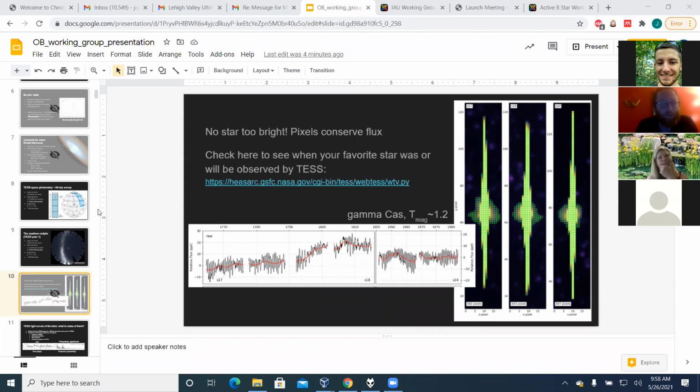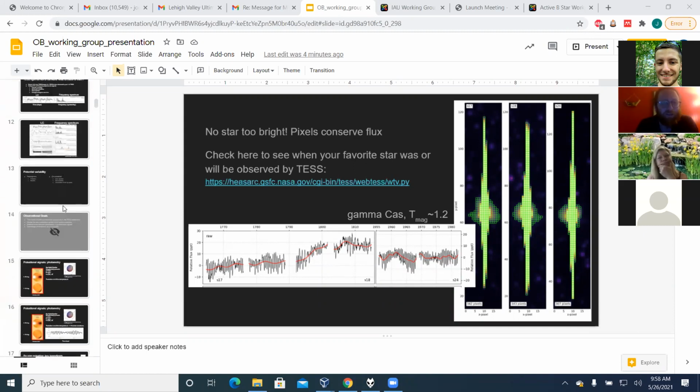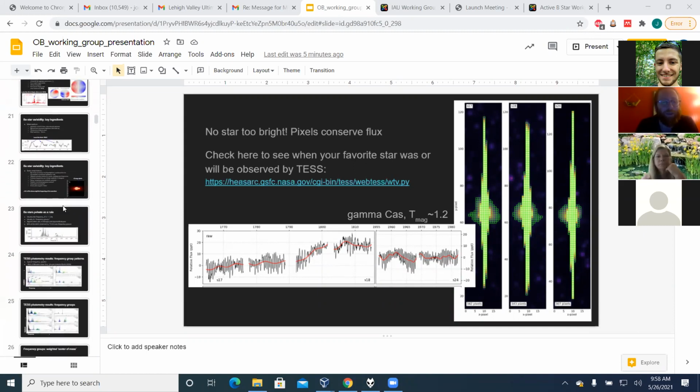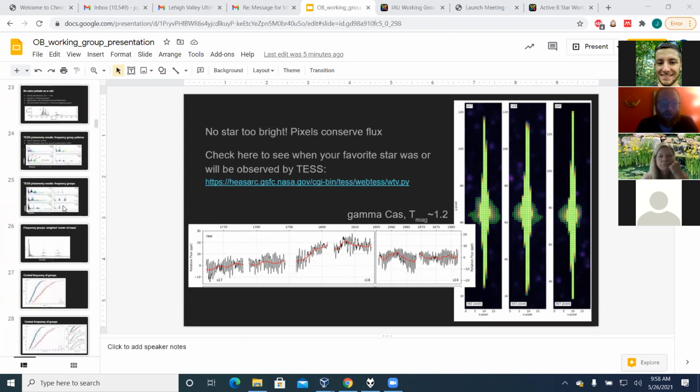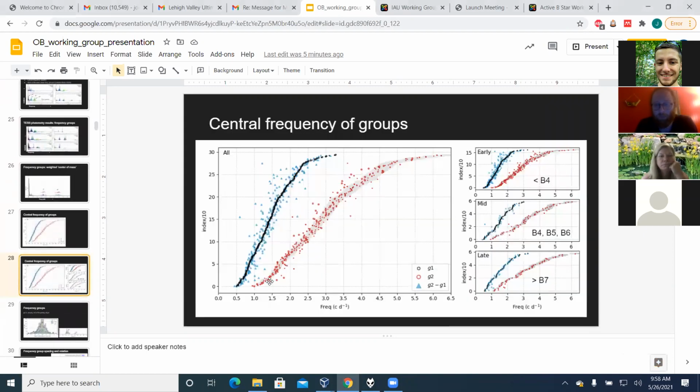Surprisingly, in general, no. Frequencies overall seem really similar between the early, mid, and late spectral types. The main obvious difference in TESS is the amplitudes, though.